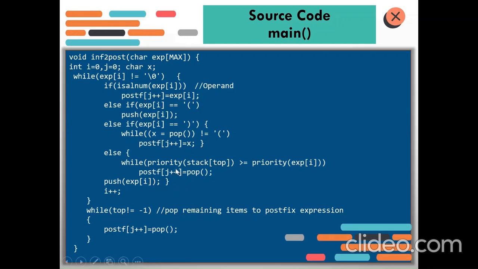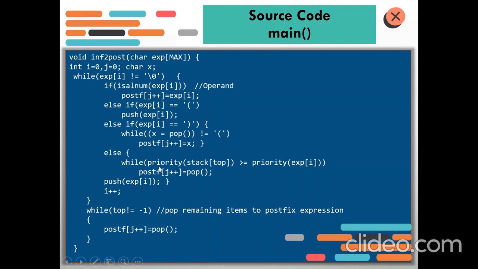So here the priority of the stack top is compared with the priority of the current infix symbol, and if the stack top priority is greater, then the pop operation takes place and the resultant character goes to the postfix expression.